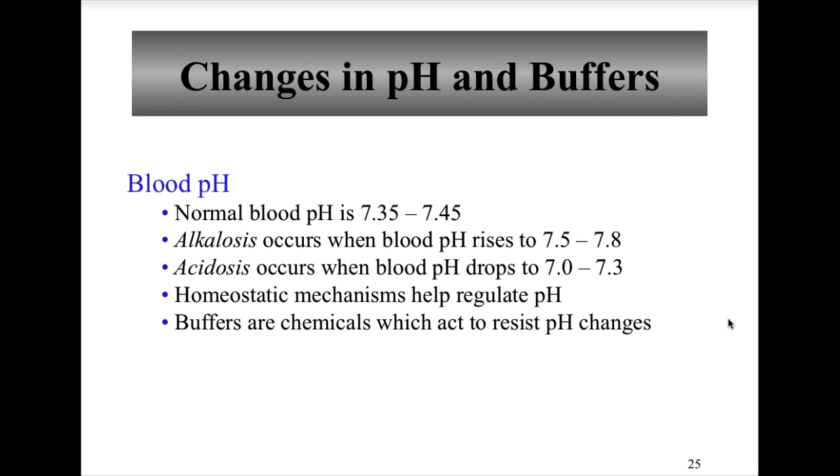An example would be carbonic acid, H2CO3, which would serve as a buffering system. So when the pH is rising, the equation goes to the right. When pH is falling, the equation will go to the left.